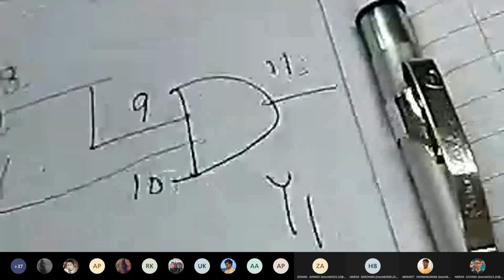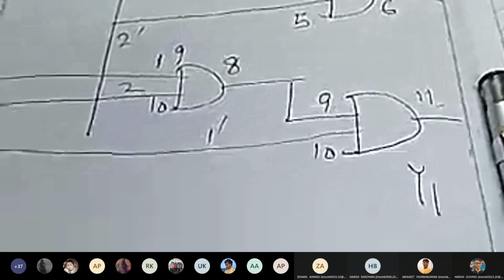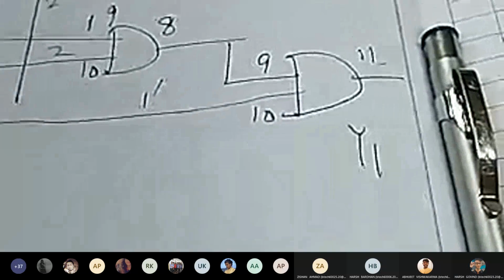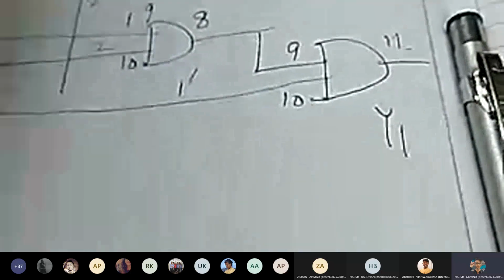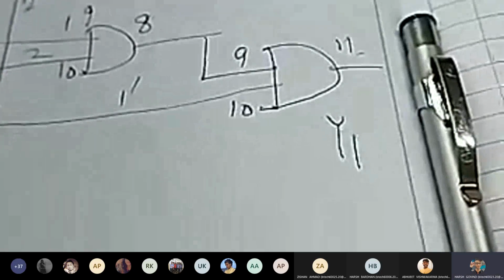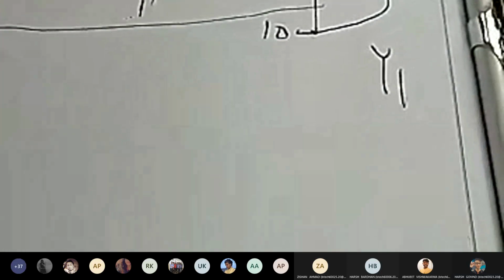When the college opens, I'll give that person a Dairy Milk Silk. Who is saying 11? Who is saying 11 and who is saying 9, ma'am? Harsh is saying 11. Anyone else?